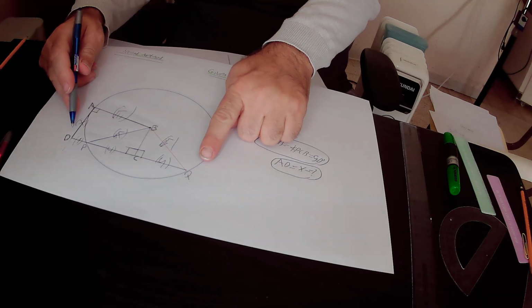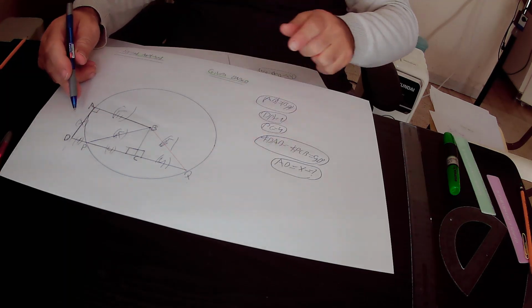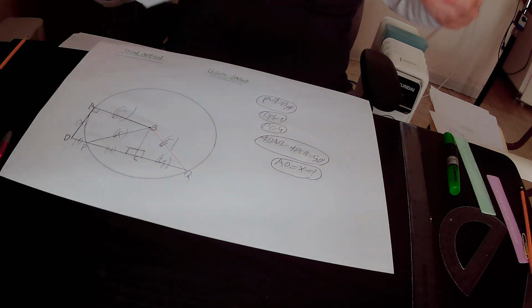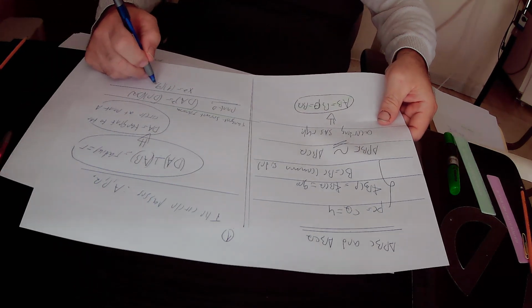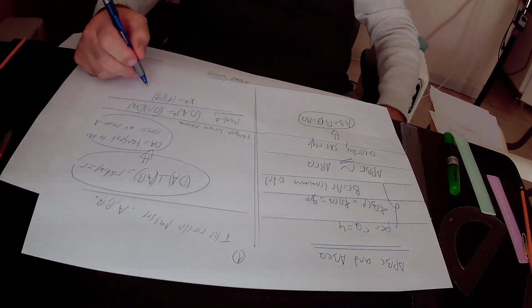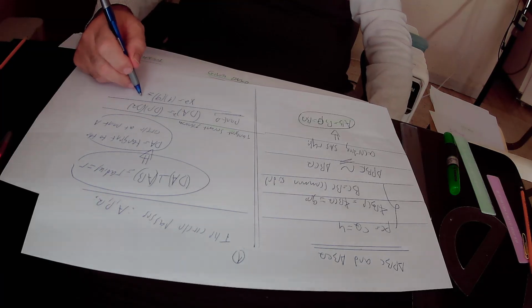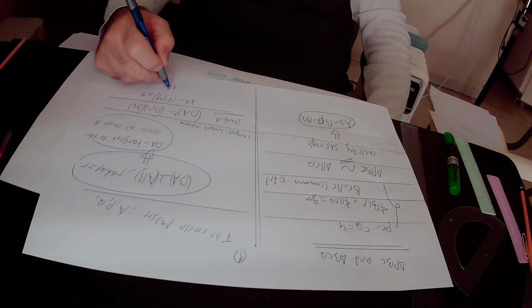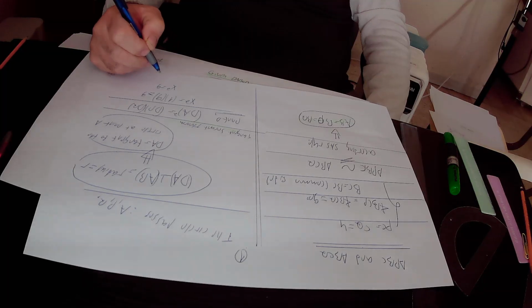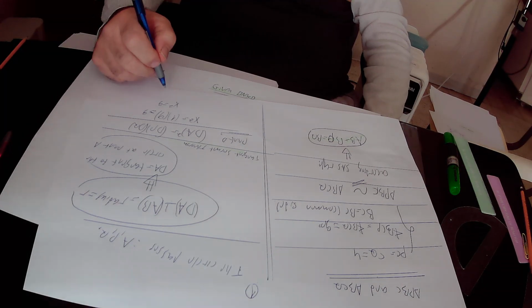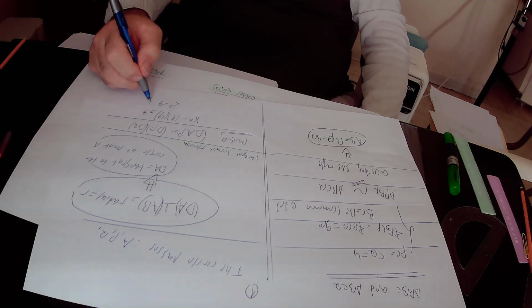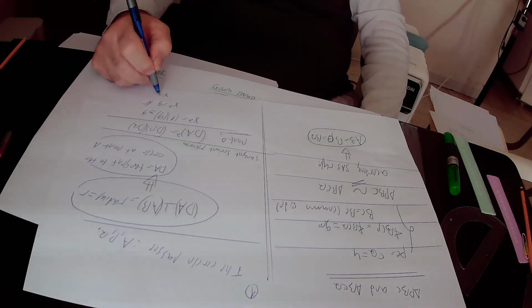DQ in total is 1 plus 4 plus 4, that is 9. So in total we find that x squared equals 1 times 9, that is 9. X squared equals 9. Taking the square root of this equation, we finally get that x equals the square root of 9, that is 3. X equals 3.